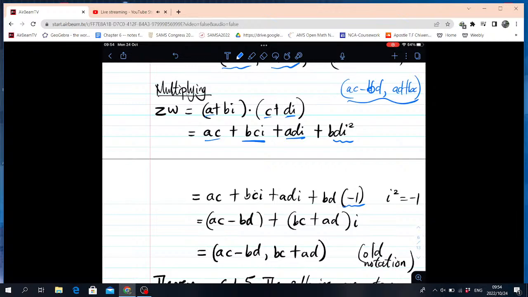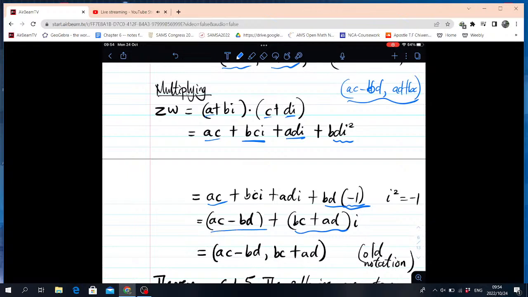And then from there, if we now group the real numbers, then we get that. And then the ones with an i, we get bci plus adi, which if we factor out i, we get that, right? (bc plus ad) times i, right?